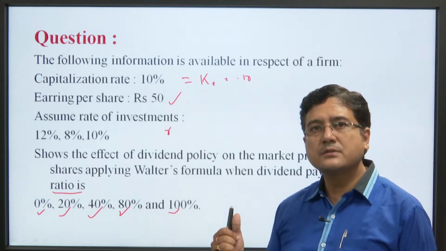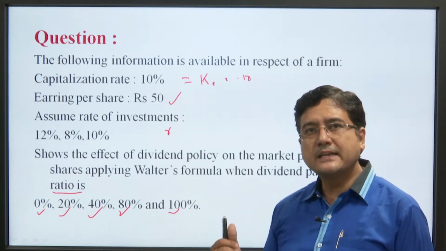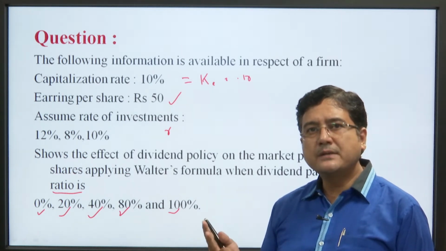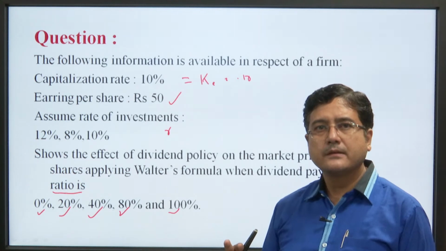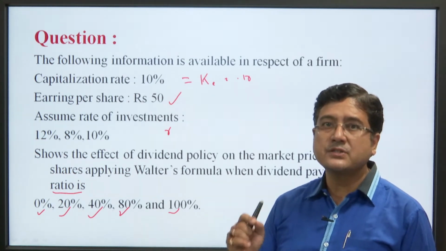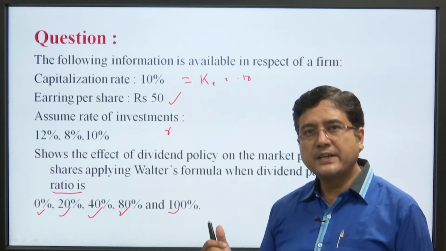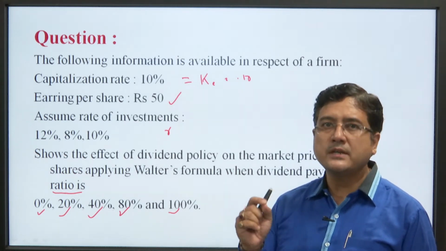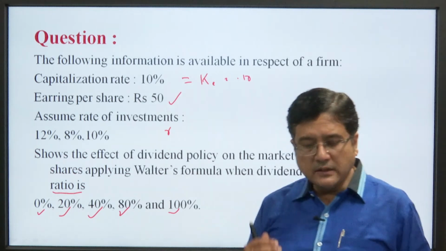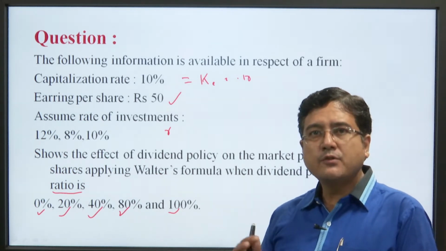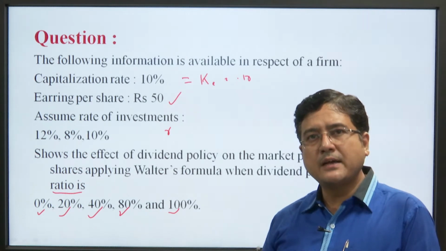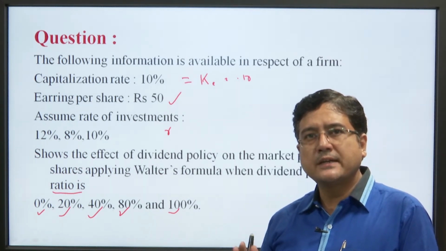In first case it is 0, second case 20, that means you pay 20% and retain 80%. In third case 40%, that means you pay 40%, retain 60%. Next 80, pay 80%, retain 20%, and then 100, that means you pay all the dividend. So, in all the cases we have to apply the formula and put the data and see what happens when R is greater than K.